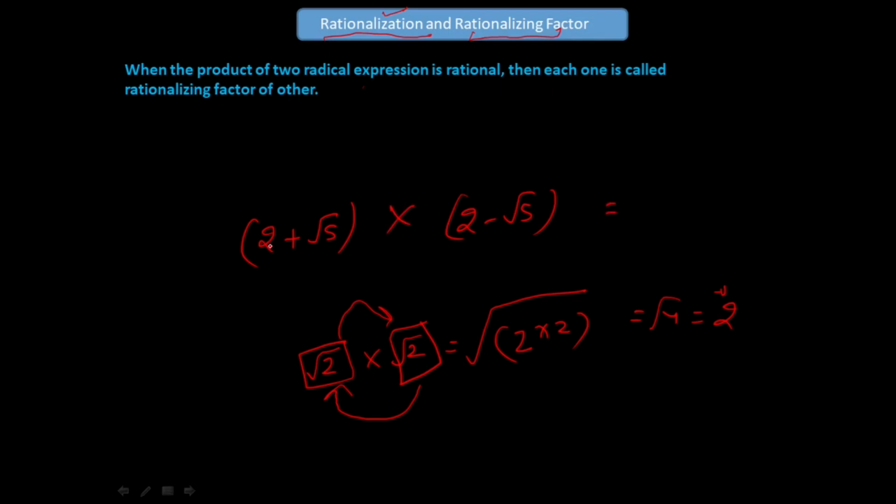You know one identity, A plus B product with A minus B. So that will give me 2 square minus under root 5 square. This identity you will learn in the second chapter. What is that identity? A plus B times A minus B, that is nothing but A square minus B square. This value is 4, this value is 5. So what we have? Minus 1.